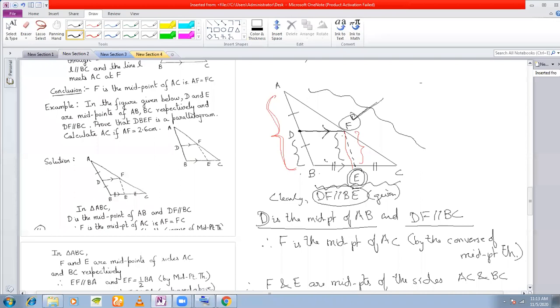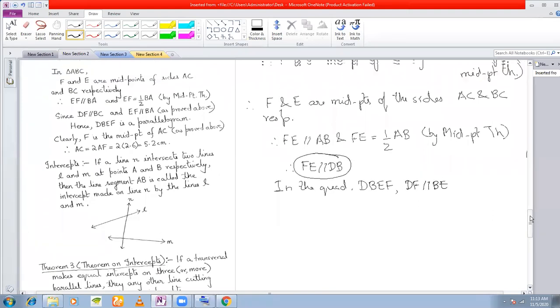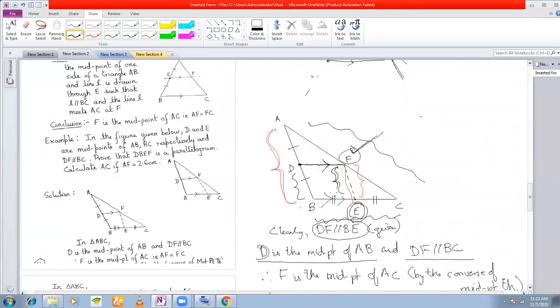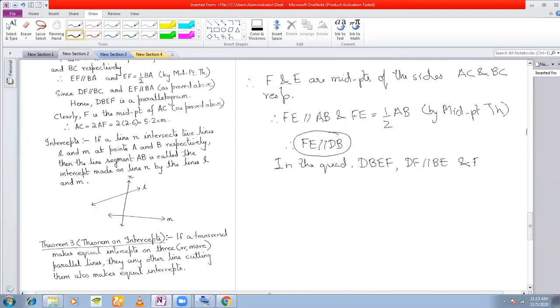This was already given to you. And we have shown in this way that the other two sides, FE and DB, are also parallel. And therefore, DBEF is a parallelogram. Very, very important problem.